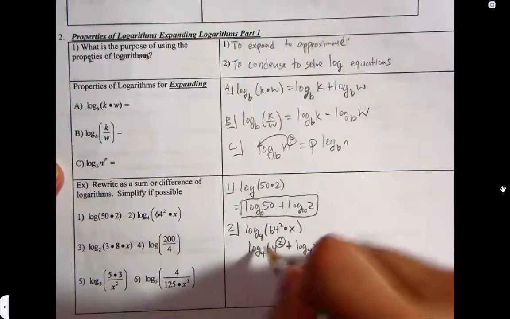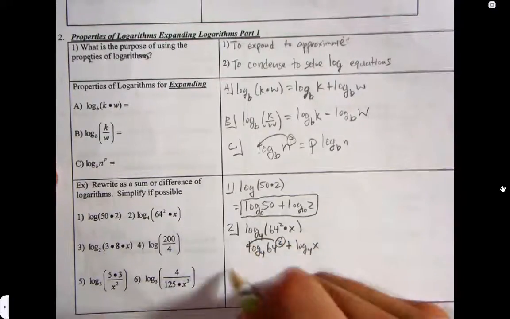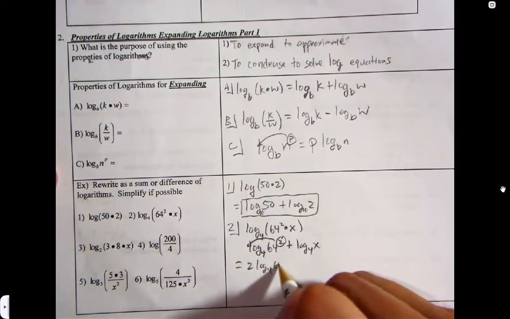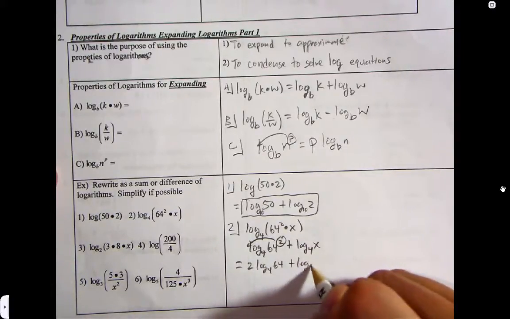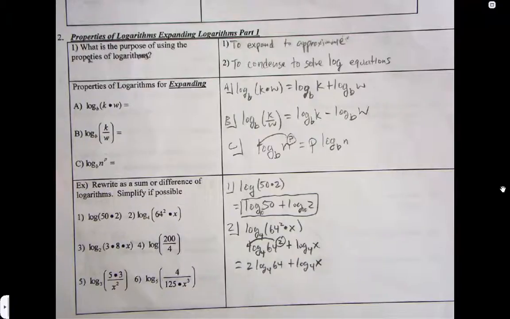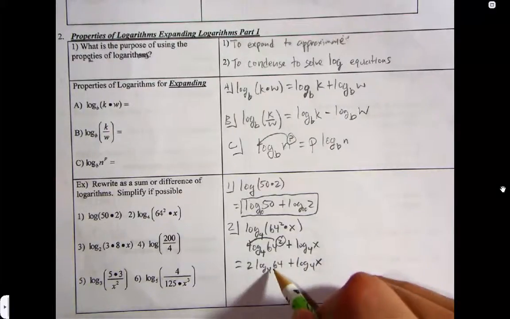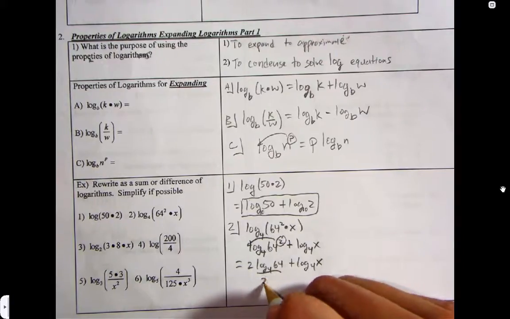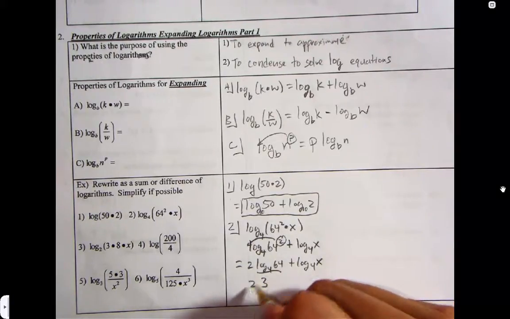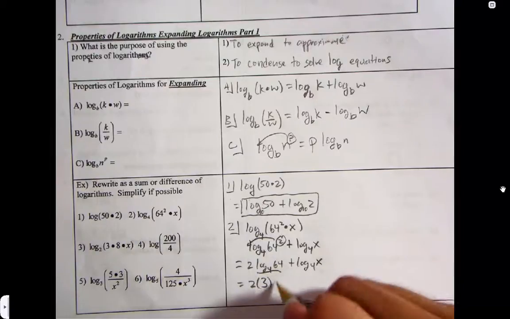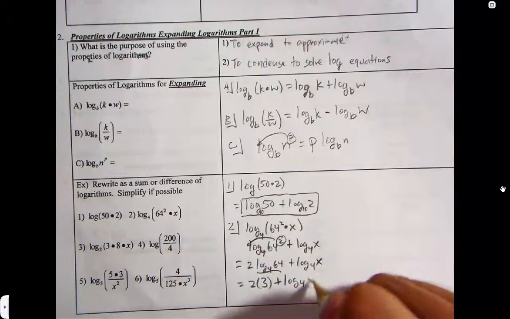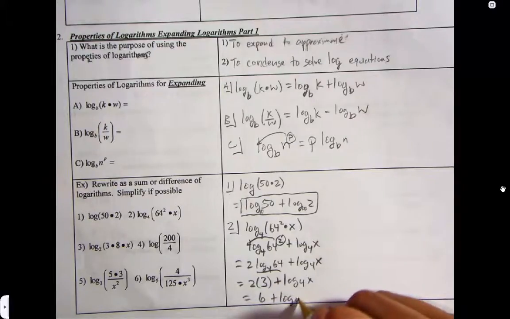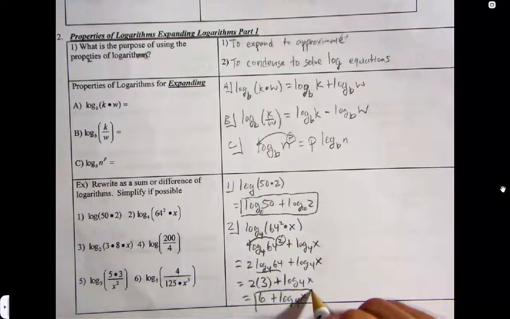Now I have to bring this exponent to the front, so this becomes 2 log base 4 of 64 plus log 4 of x. 4 to the what gives you 64, and this turns into 3 because 4 to the third gives you 64. 2 times 3 is 6, so 6 plus log base 4 of x, and that's our answer.